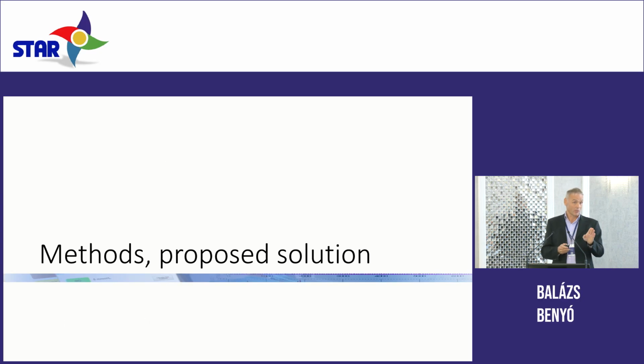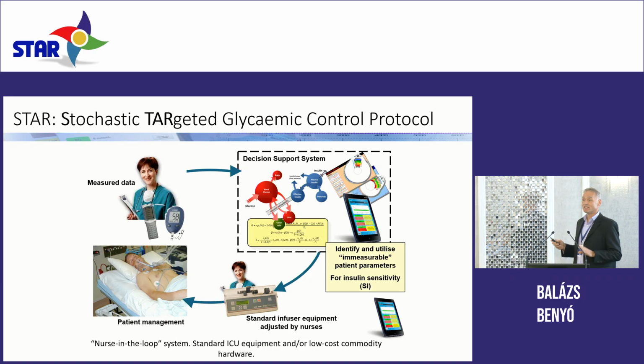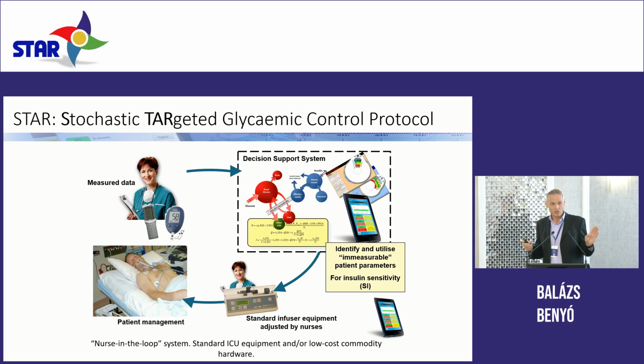So let's talk about STAR. STAR is a relatively simple protocol. If you just want to understand how it works, we make frequent blood measurements, 1 to 4 hourly. Then we use a decision support system which gives us a suggestion for the optimal treatment.